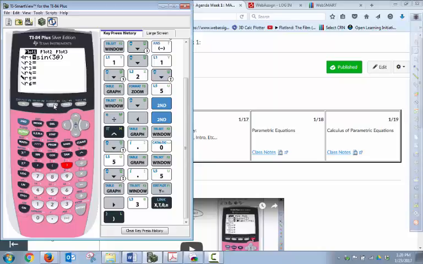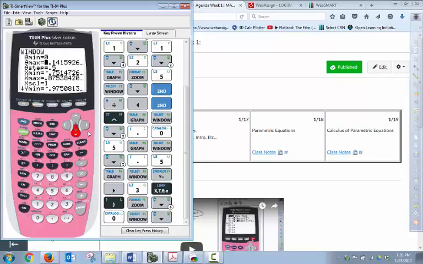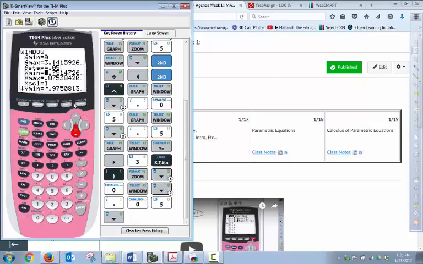So I'm going to go to zoom fit this time. Zoom, and fit is down further, I guess. 0. So just hit the number 0. All right. So I guess they didn't adjust my 0.05. And then since I'm in the window, I might as well fix the window.